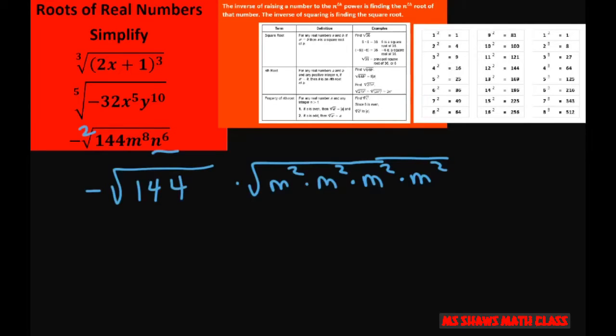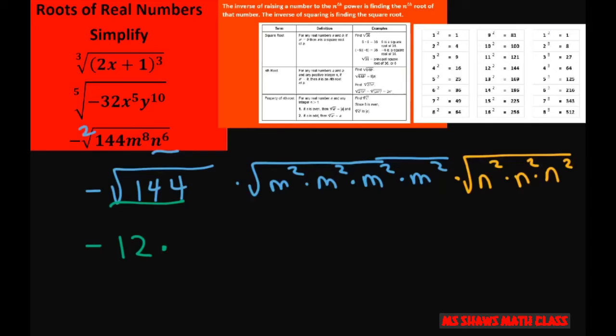And for the n, I'm going to also make that to the 6th, so I need to have all these squares. So let's write n squared times n squared times n squared. Alright, so for this one, square root of 144 is 12, but we have that negative in front.